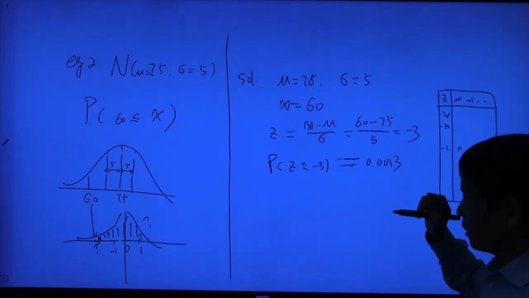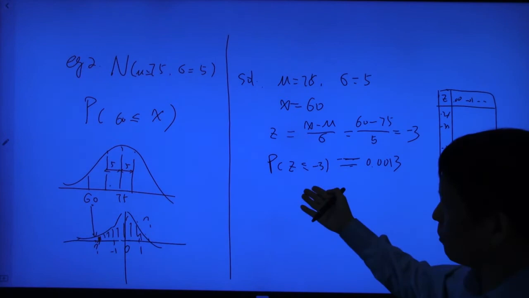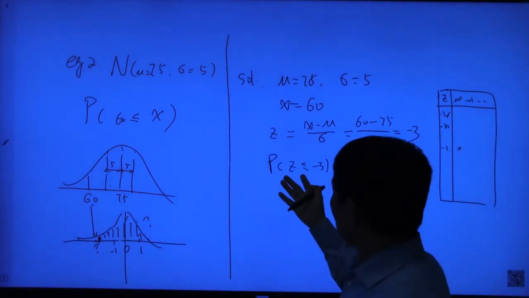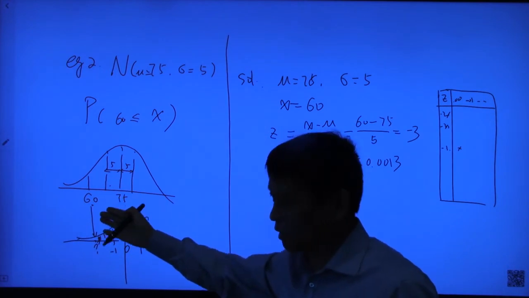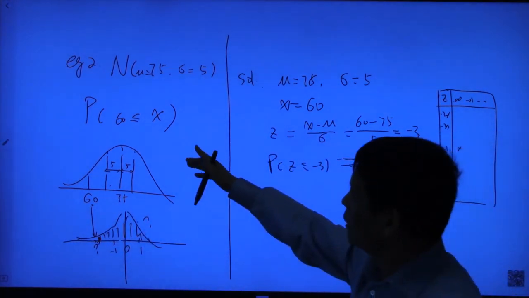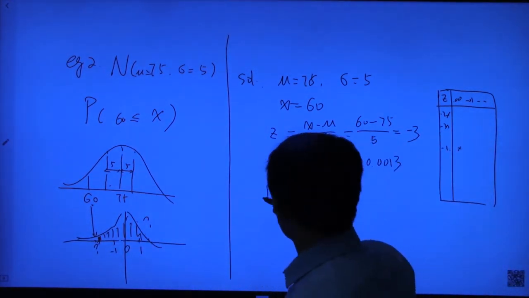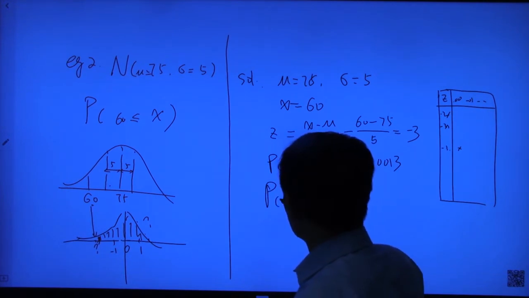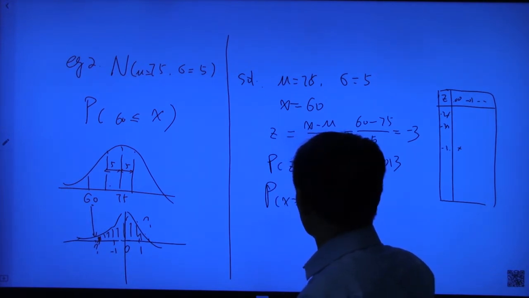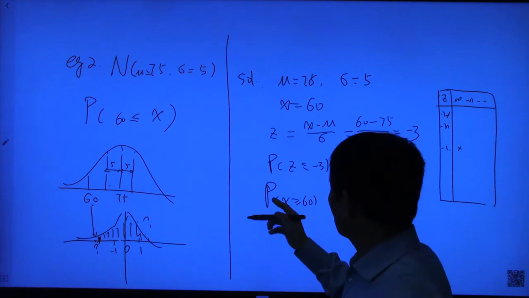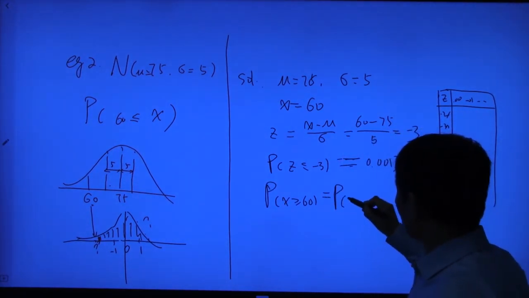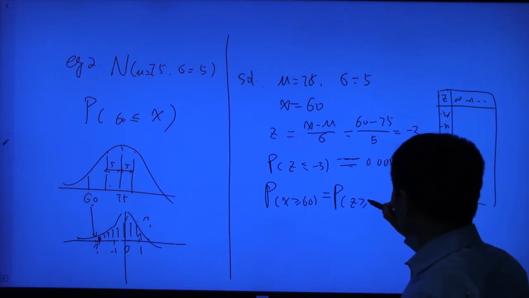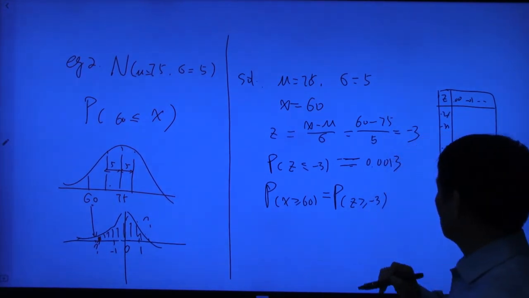We cannot stop here because this one gives us the proportion that is less than negative 3, or correspondingly x less than 60. What we want is x greater than or equal to 60. That is what we are looking for. It will be equal to the proportion of z greater than or equal to negative 3.